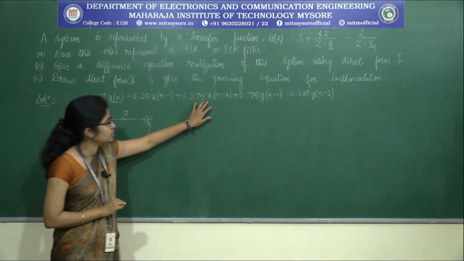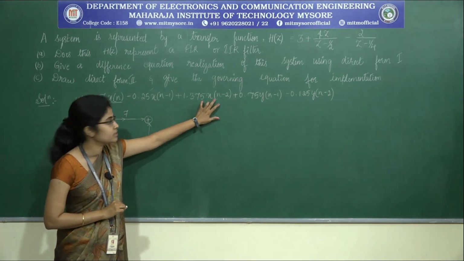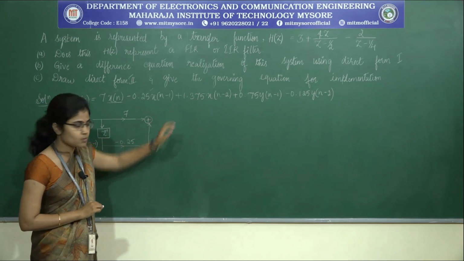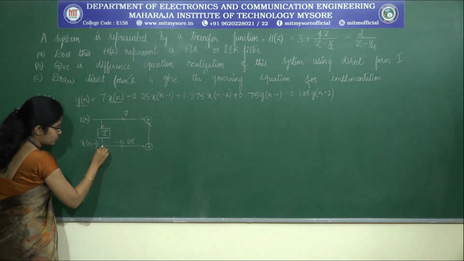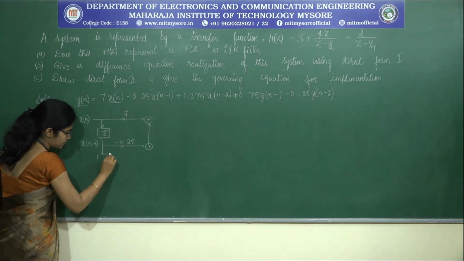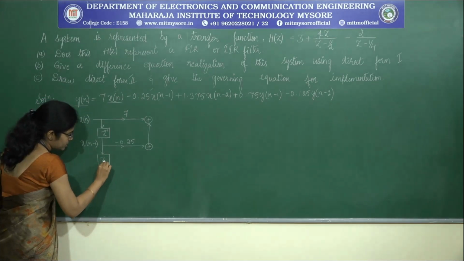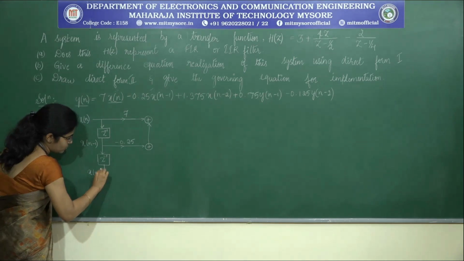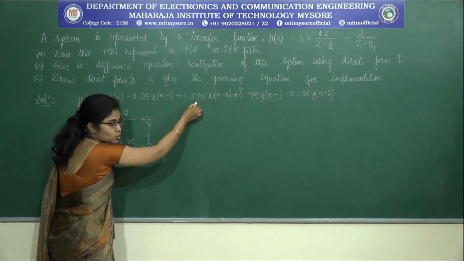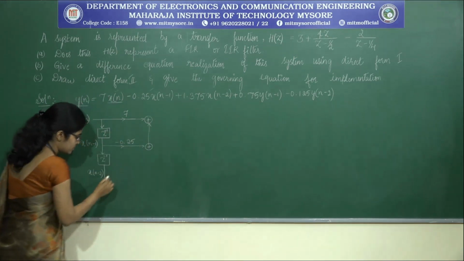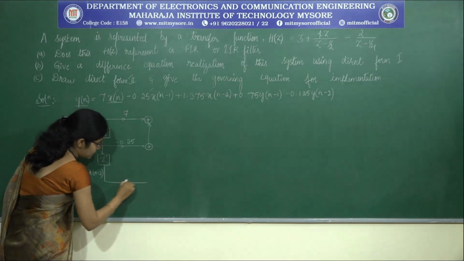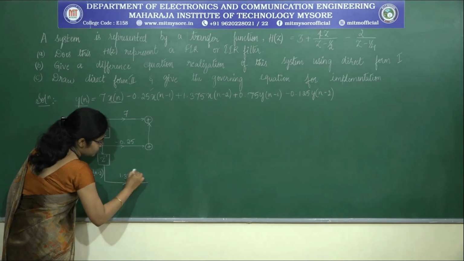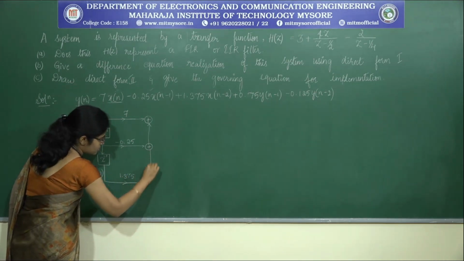Moving on to the third term. This is nothing but the delayed version of x of n minus 1. So, if I delay x of n minus 1 once, we get x of n minus 2. So, x of n minus 2 should be multiplied with 1.375 and connected to this side.